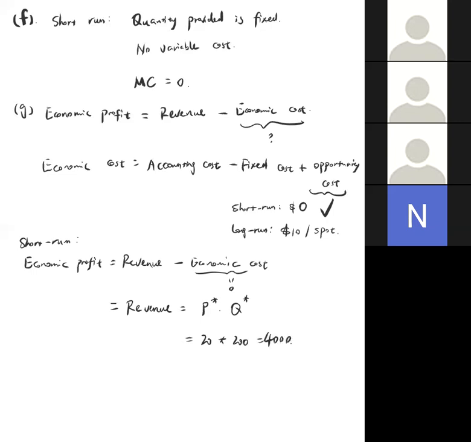And be careful, in the answer key, there's a typo. It only talks about the equilibrium price, but we should actually calculate the revenue and the profit. It's incorrect. So this should be the correct answer. So this is for part G.